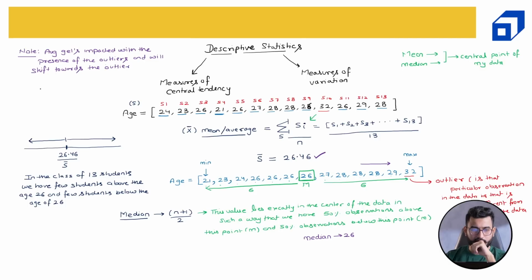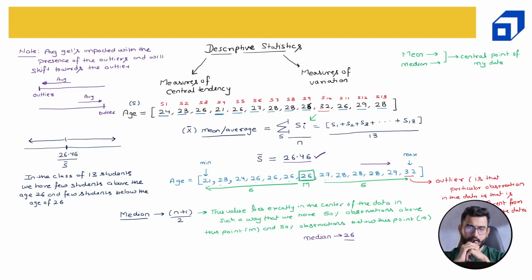So assume this is my number line and if my outlier is on the lower side, then my average will shift towards the outlier. If my outlier is on the higher side, then my average will shift to the higher side. And we have already seen this example. My median was 26, but my average came out to be 26.46 because my average has shifted towards the outlier.